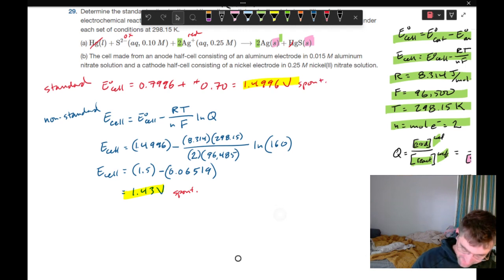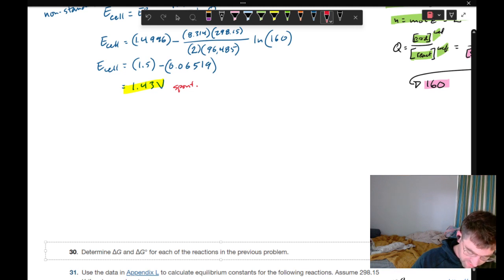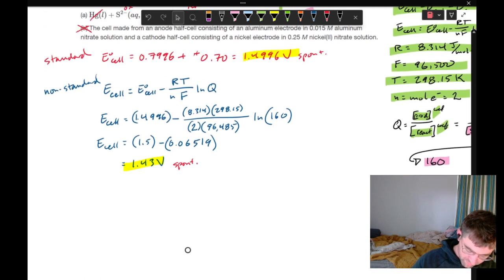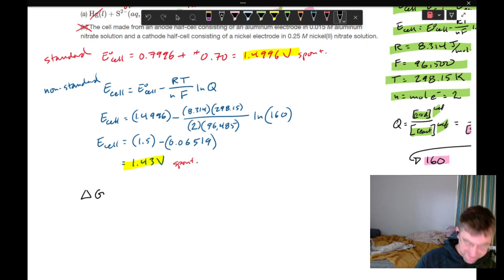We're not done. Rather than going on to B, I'm going to pull the next question up, which is simply to determine the Gibbs free energy and standard Gibbs free energy for each of the reactions in the previous problem. So our Gibbs free energy at non-standard conditions equals negative electron stoichiometry times Faraday's constant times the cell potential.